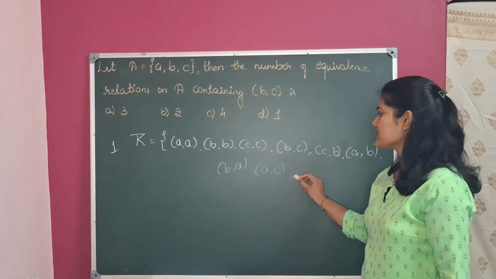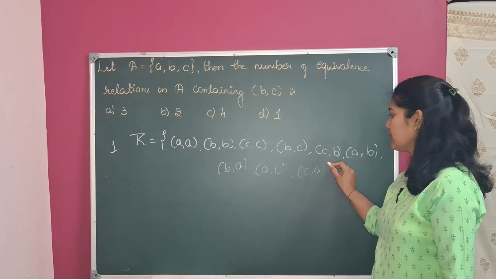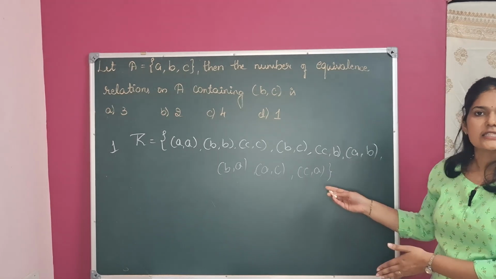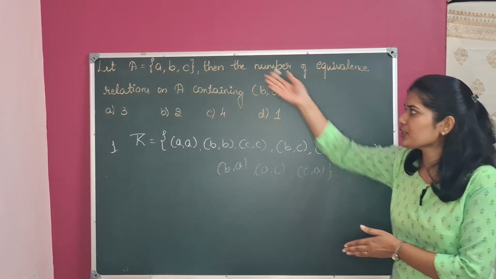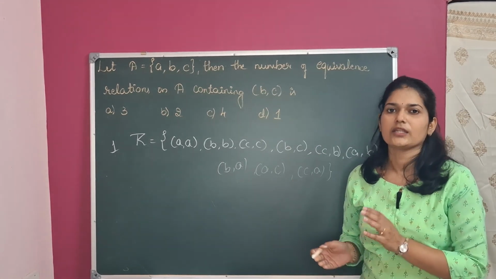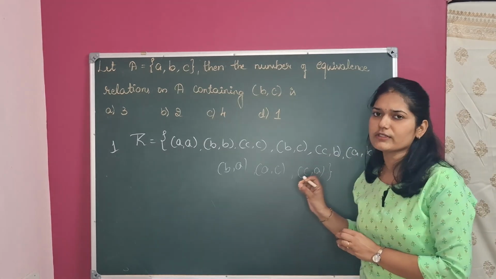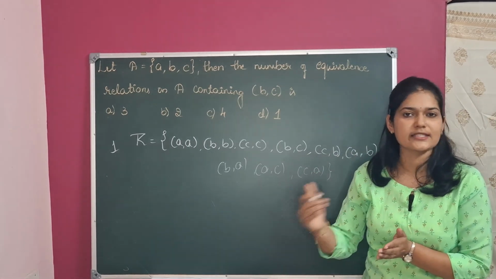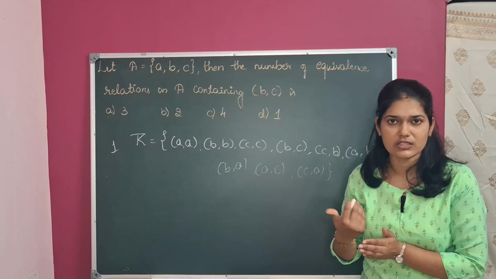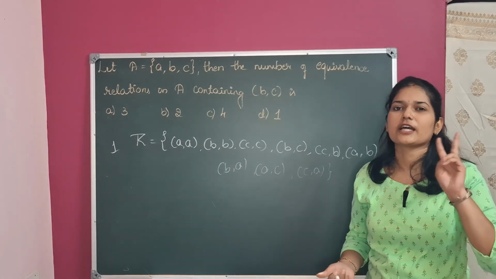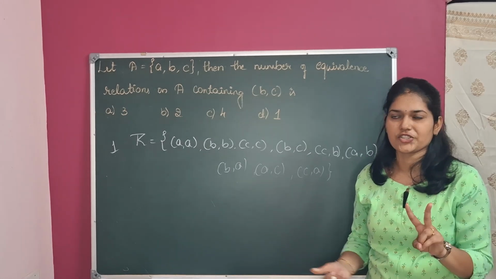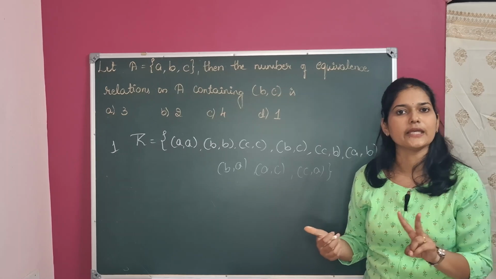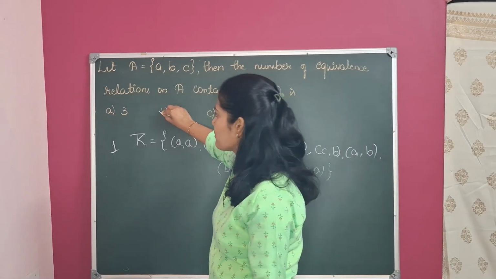As we have (A, C), we must have (C, A), which is nothing but the universal relation on the set {A, B, C}. Therefore, if we add any one of the terms, we get all the elements, that is, we get the universal relation. Therefore, there are only 2 equivalence relations which contain (B, C). So the answer is option B.